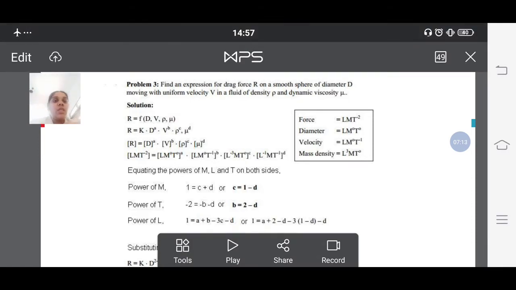For viscosity we substitute L power minus 1 m into t power minus 1, the whole power D, that is the arbitrary constant.